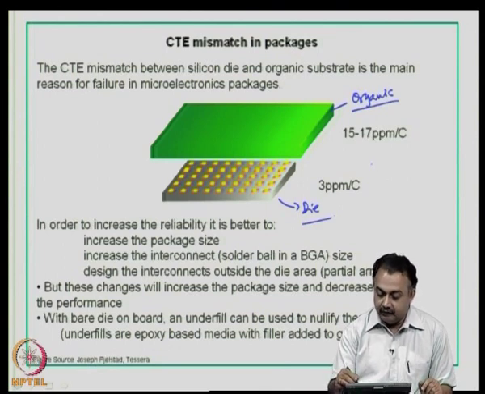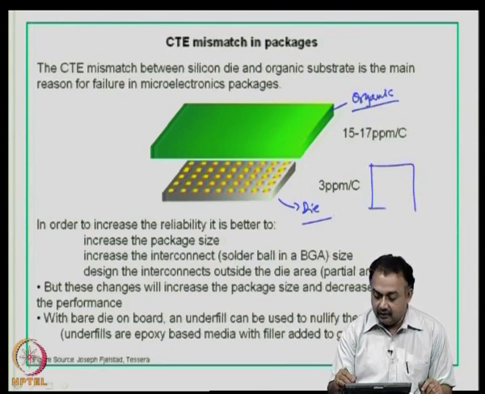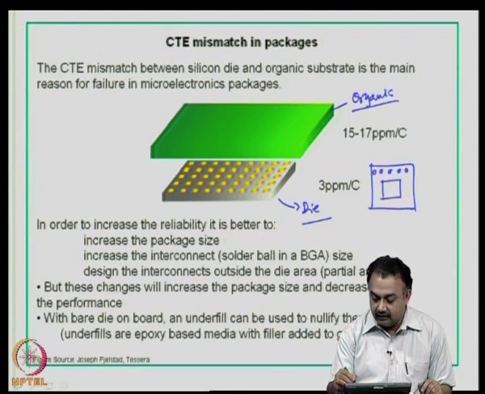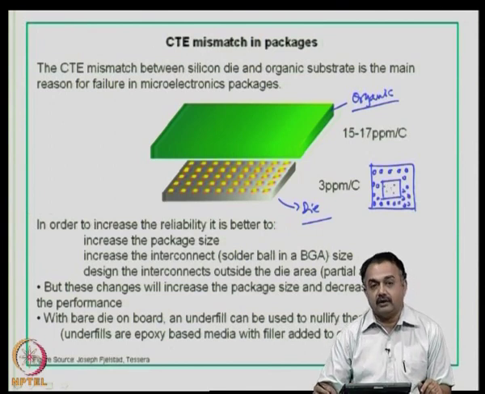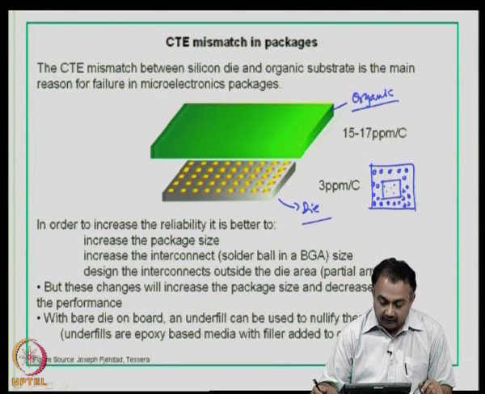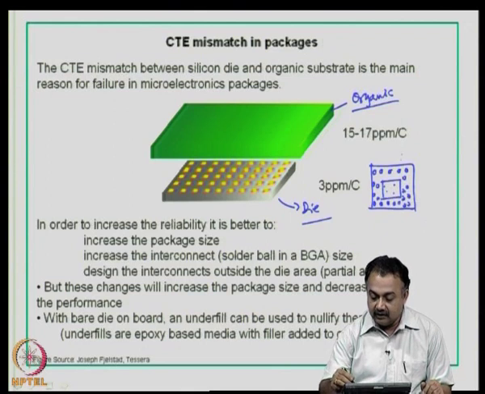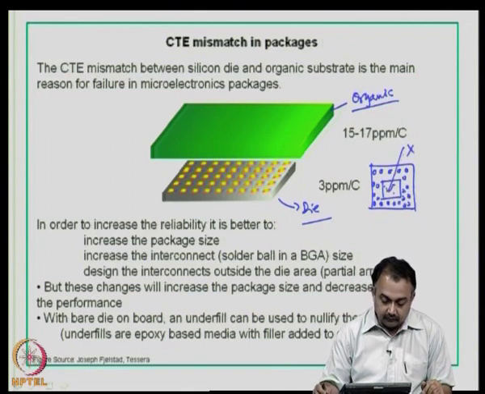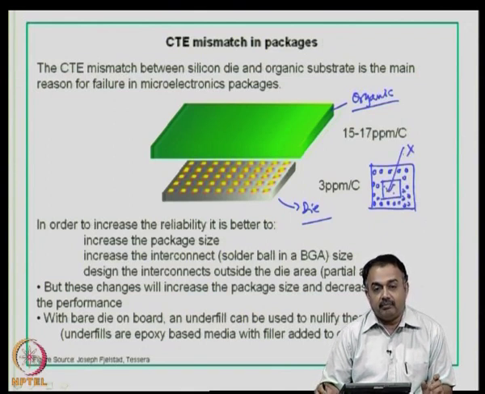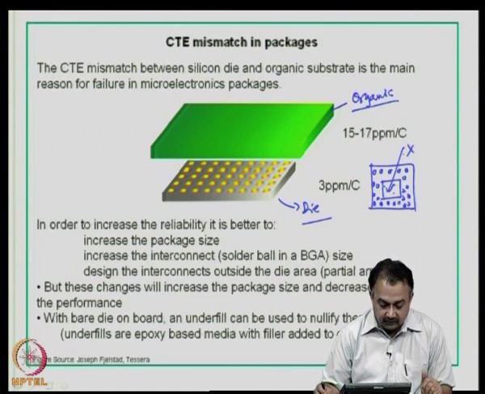That means, if you have the arrangement of the solder balls and if this is the die, do not place the solder balls at the back of the package right underneath the die area, so that it does not impede thermal performance, dissipation of heat. Okay. So, this is a key factor, but these changes will increase the package size and decrease the performance.